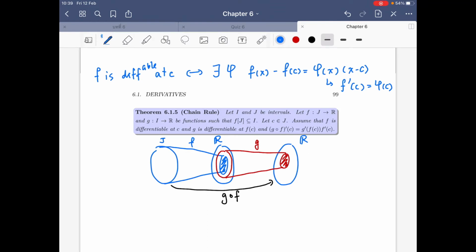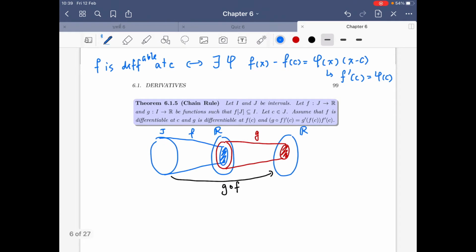We are going to use this one. However, we have two differentiable functions, not only the f but also the g, so it means that we are going to use the Carathéodory theorem twice.